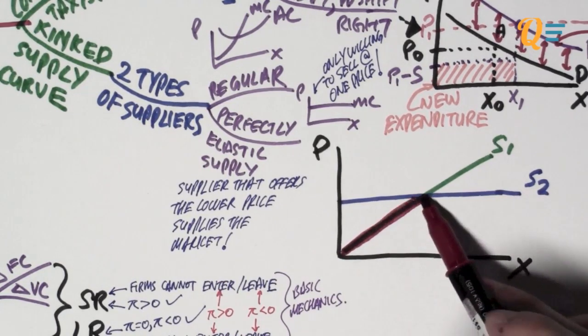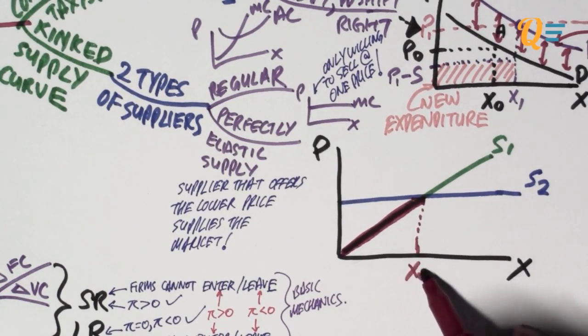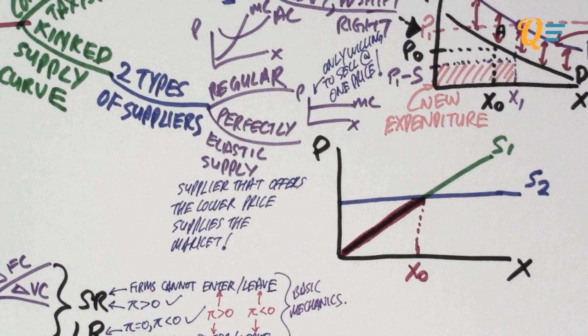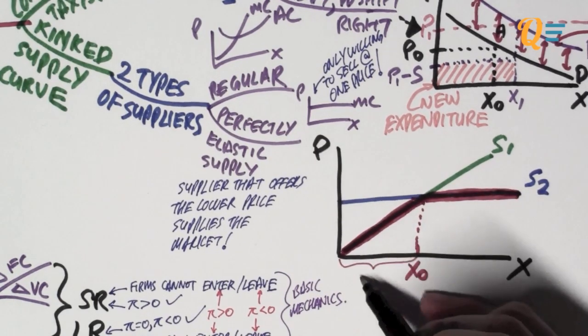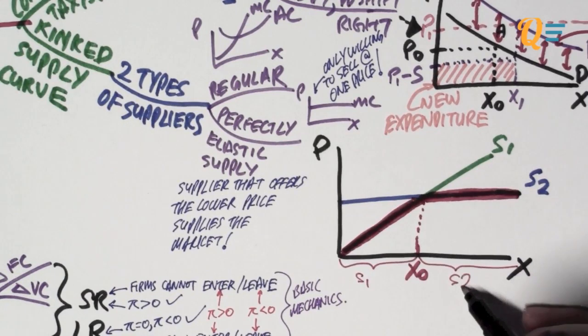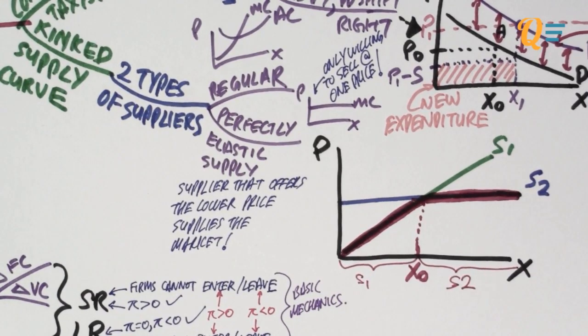So this red portion over here will be supplied by the first supplier because it's a lower price. So supplier number 1 supplies the market from 0 to x0 amount of X. Beyond x0, the second supplier is going to be supplying the market because its price is lower. So what you'll see is that the supply curve is actually this red shaded line.